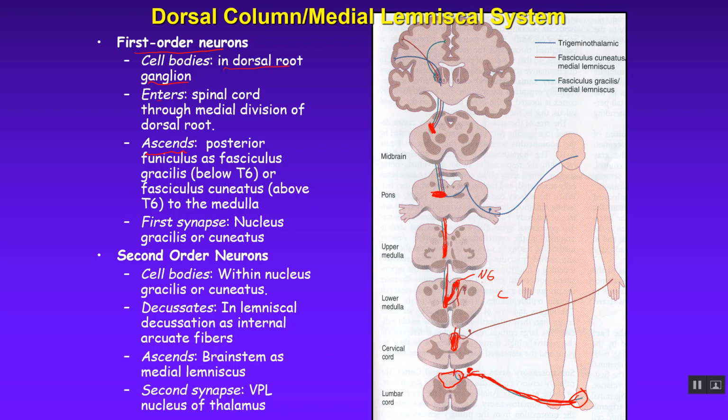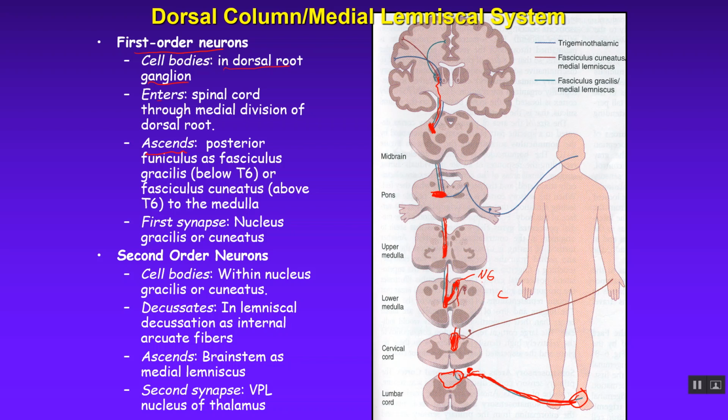Eventually, that axon is going to project to the thalamus, and it's going to make a synapse with the next neuron, the third order neuron in this pathway. The cell body for that third order neuron is located in a very specific region of the thalamus called the ventroposterolateral part of the thalamus, the VPL.